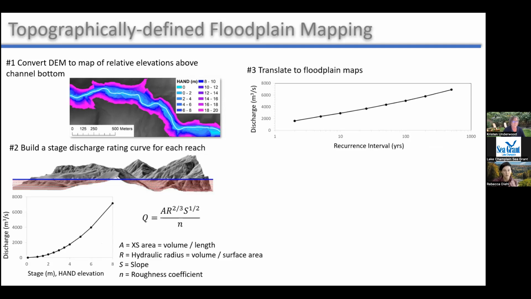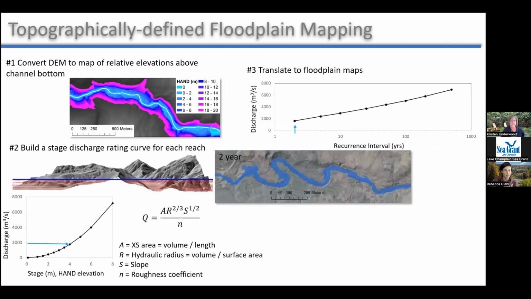And we can use these three pieces of information again to create the floodplain map. So as an example, if we want to identify the inundation extent of a 2-year flood, we associate that with a discharge of approximately 2,000 cubic meters per second. And then we look to the stage discharge rating curve, and that's associated in this area with a stage of 4 meters above the channel.